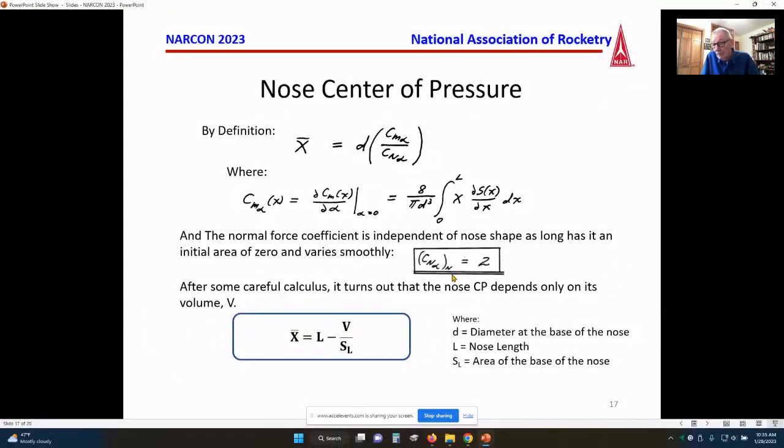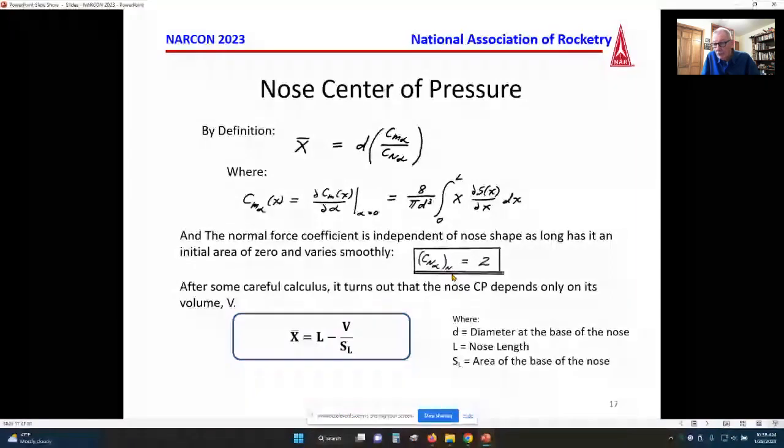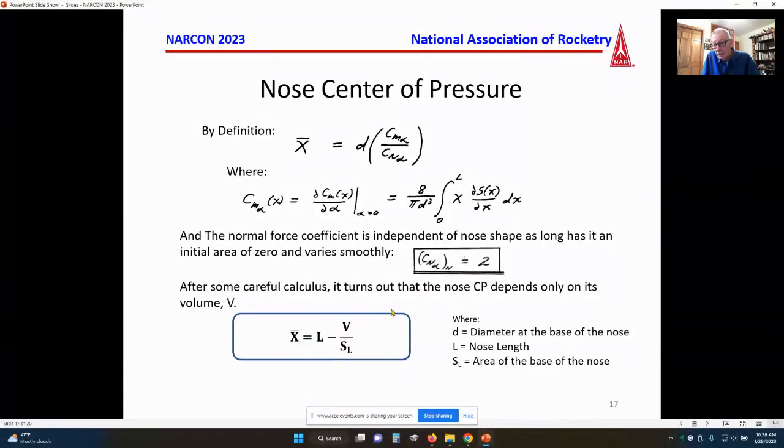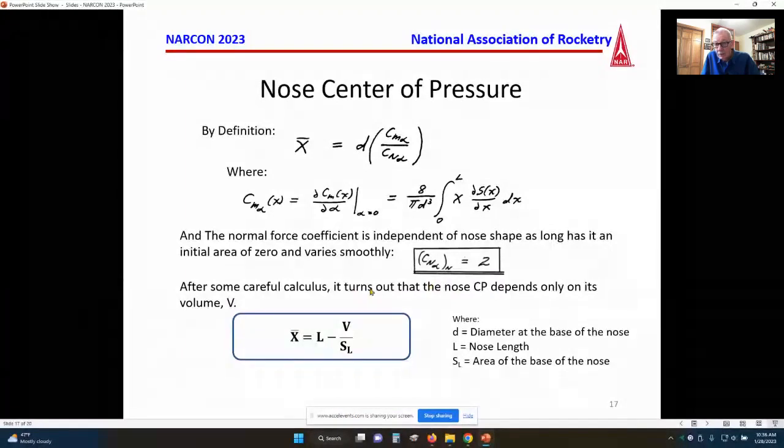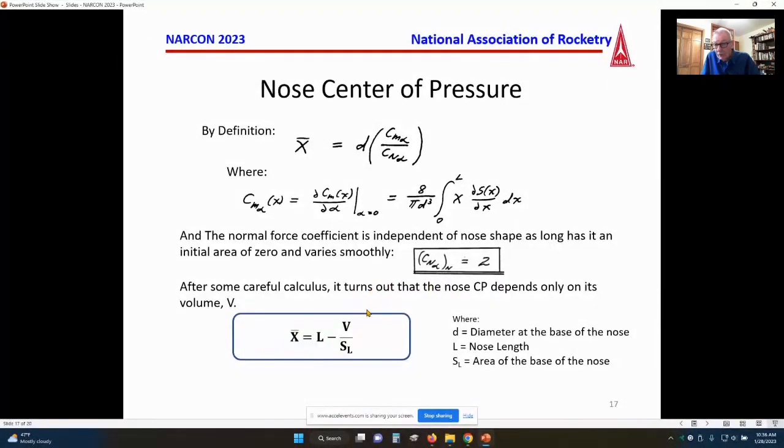There's also parabolic nose shapes that are used in that regime as well. But we tend to use ogives, and that's what a lot of the manufacturers make shapes for. But lo and behold, I ran into a little oopsie when I went to calculate the volume of the ogive nose.